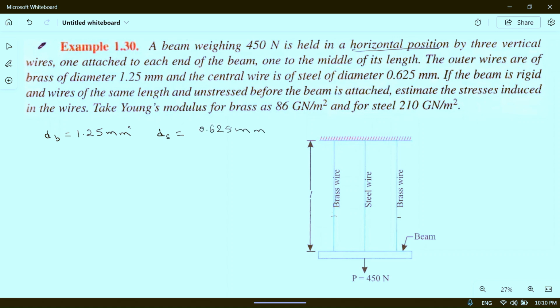If the beam is rigid, what is the meaning of the beam being rigid? It means the beam is not buckling or tilting, it is just straight and in rigid position, and the wires are of the same length. Before hanging the beam, the wires were also of the same length L, and there was no stress on the wires, they were at their natural lengths.